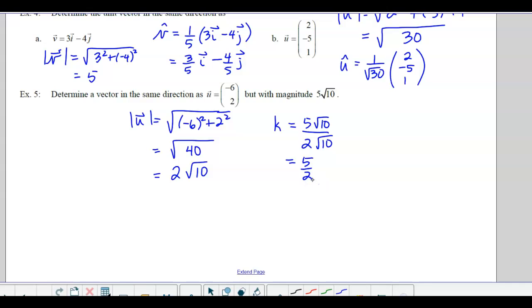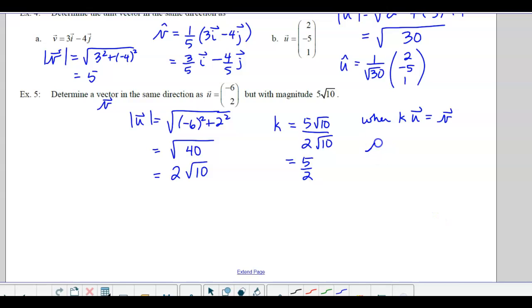Okay, so this would be k where ku equals our new vector, we'll call it. Okay. So we'll call this vector v. So we take the magnitude of v, divide by the magnitude of u, and get 5 over 2.